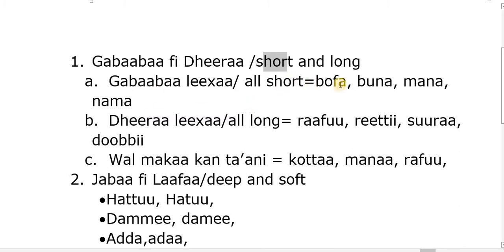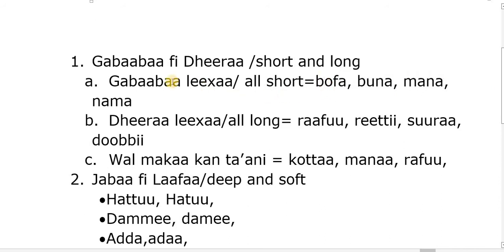I didn't say bofa, buna, mana, or nama. I say nama. If I make it longer, it is nama, which doesn't have any meaning in Oromo.